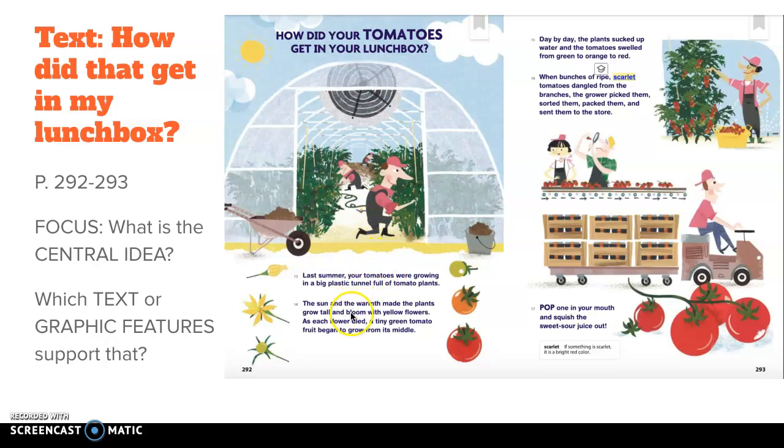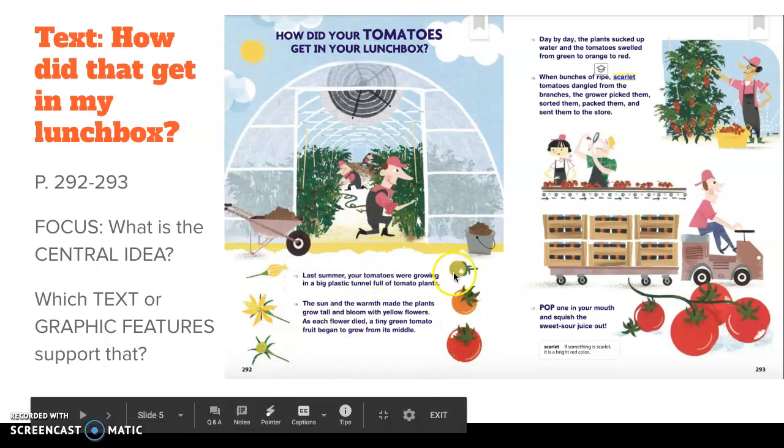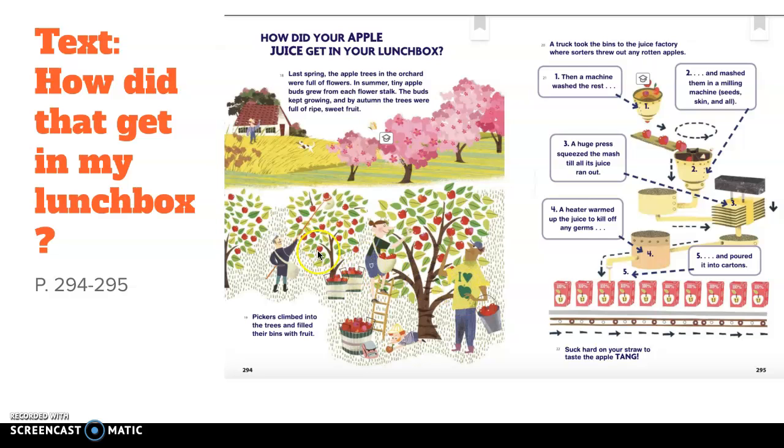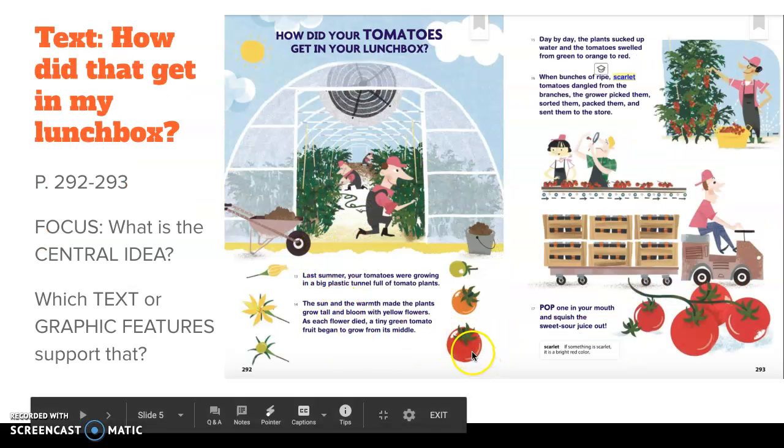We also have this really nice subtle diagram. It's not labeled as a diagram and the steps are not labeled, but it supports what the words in paragraphs 14 and 15 say. It talks about how as the tomatoes flower and develop into a tomato, they change colors until they're ripe.